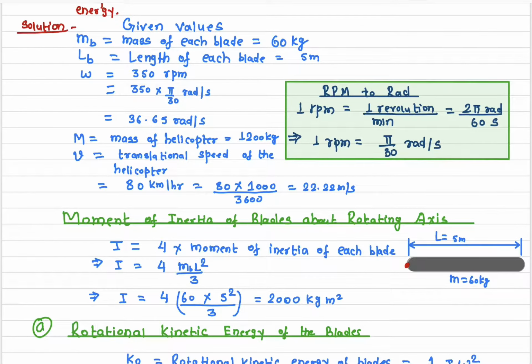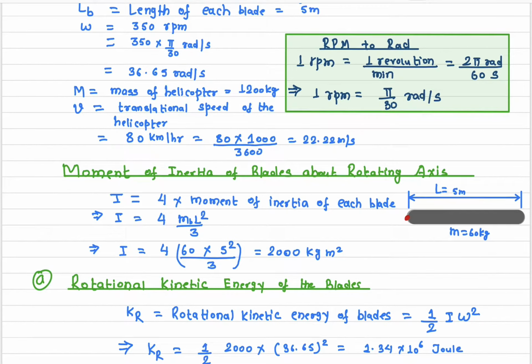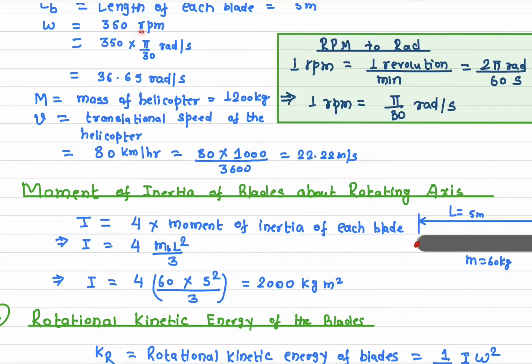The mass of each blade is given, which is 60 kilograms. The length of each blade is 5 meters. And the blade is rotating at about 350 revolutions per minute. If you need to change revolutions per minute to radians per second, you have to multiply by pi/30. 1 revolution corresponds to 2 pi, because if anything moves one complete circle, the total angle will be 2 pi.